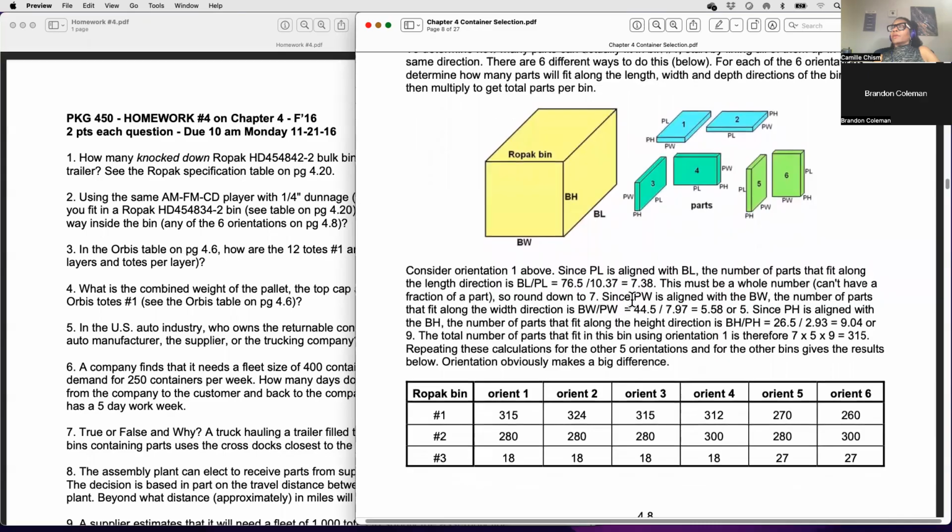And then for this one, they basically took the longest part of the bin, the width and the height, and just lined it up that way.